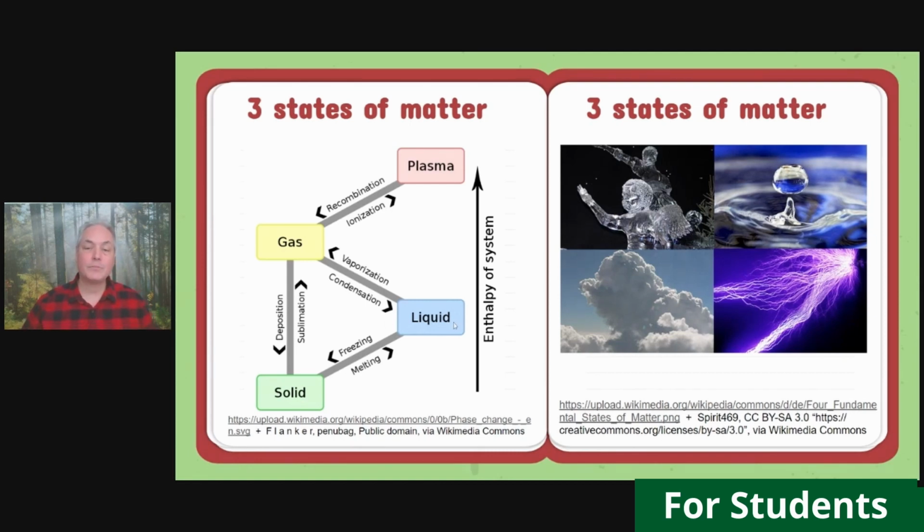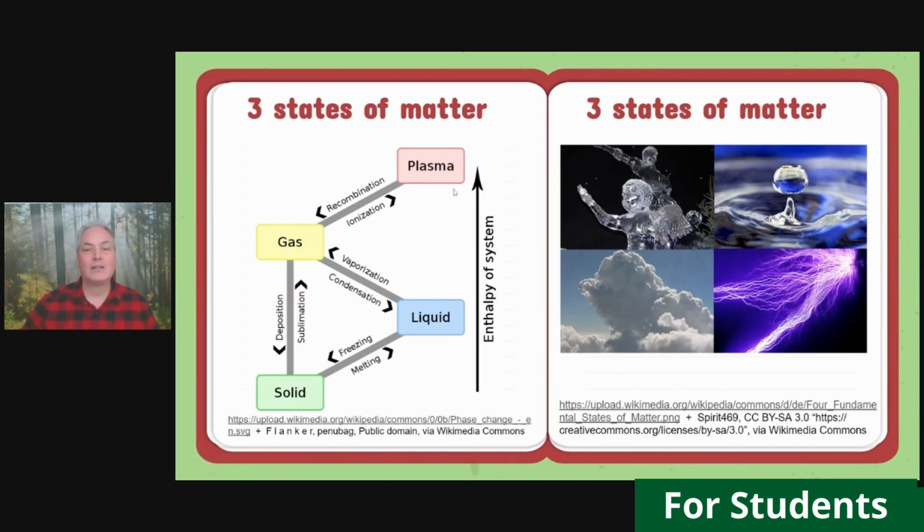If from the liquid water we increase the temperature a bit more, we end up with vapor, which is now a gas. And here we can find vapor in our atmosphere. As this vapor goes up into the sky, it can actually crystallize and create those clouds right here. And this is when we have a gas that turns into a solid.